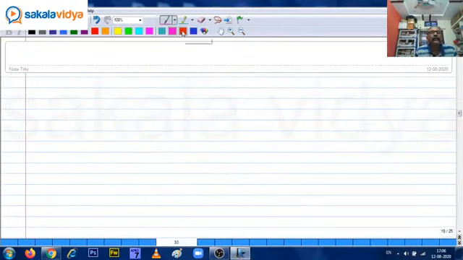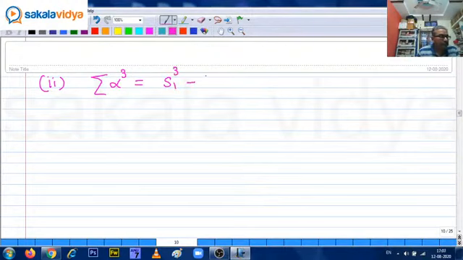Now the second concept. Sigma alpha cube. You may be asked sigma alpha cube. What does sigma alpha cube mean? S1 cube minus 3 s1 s2 plus 3 s3.